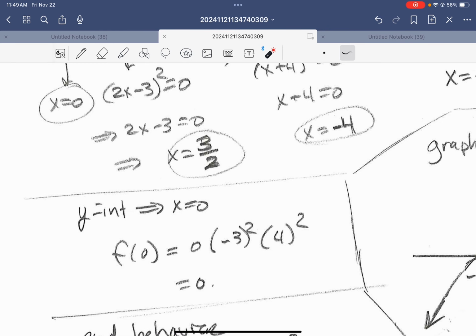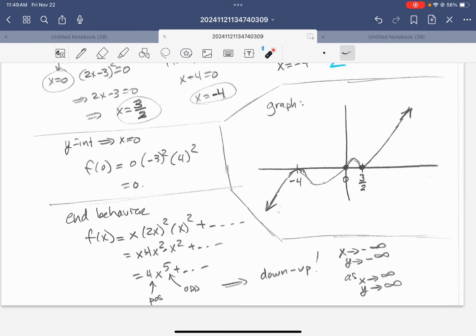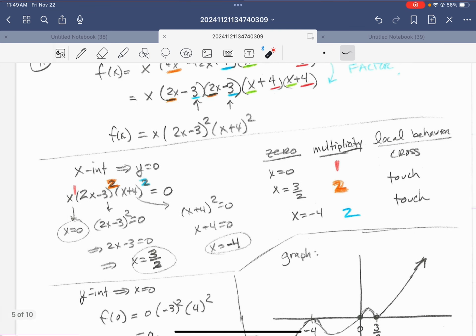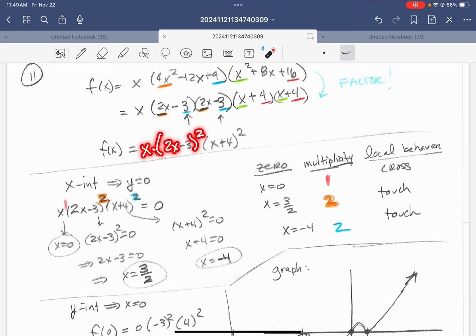Then I write down y-intercept is where x equals 0, so I can really slow down and be intentional. So you plug in 0 and you end up getting 0. And then the end behavior, I just want to multiply this thing out. But instead of multiplying the whole thing out, I realize I'm going to have an x for my first term times a 2x that's going to get squared times an x that's going to get squared. That's going to give me my first term, and then there's going to be a bunch of other stuff.